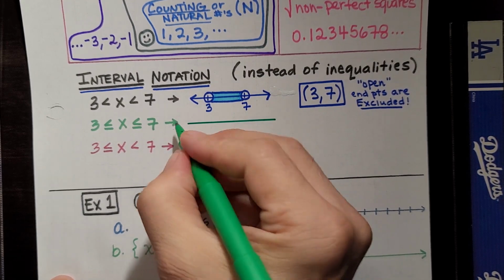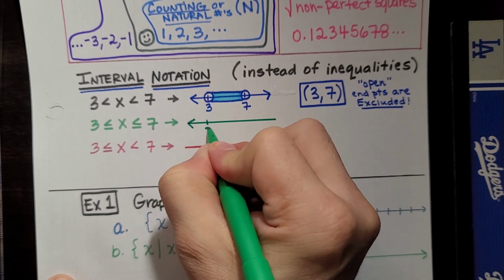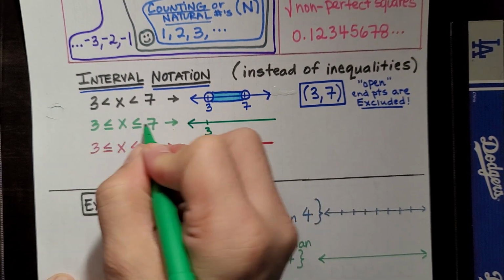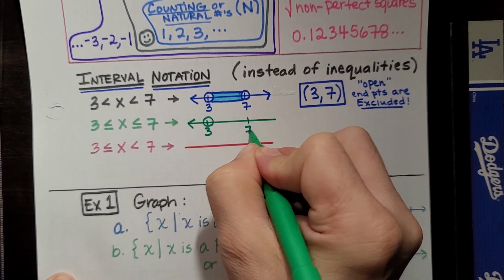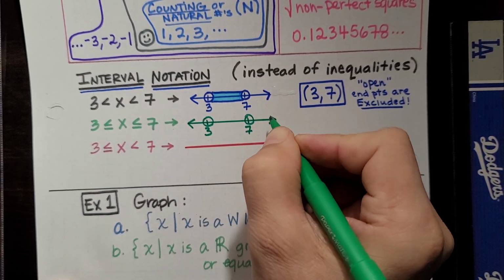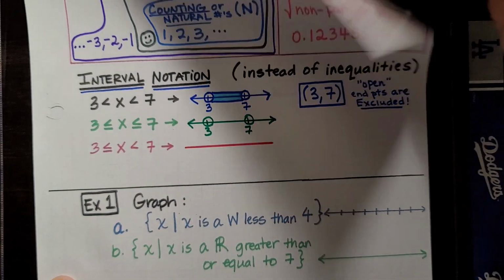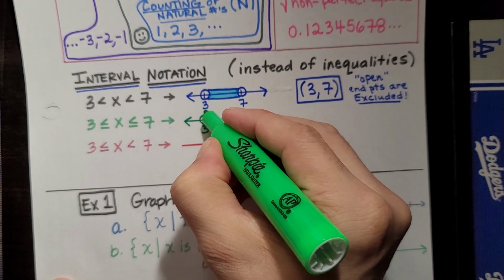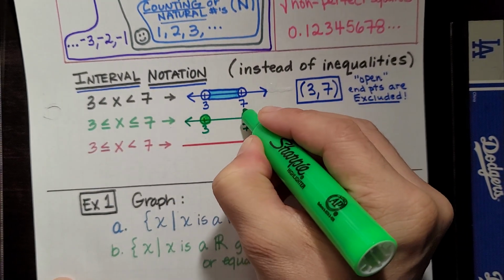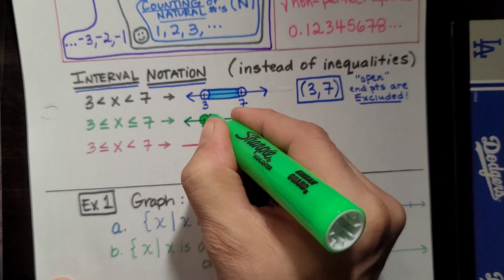Now, using the same numbers, but having a less than or equal to sign here and here, what I'm gonna do is close those intervals or shade them in because now they are inclusive or included.